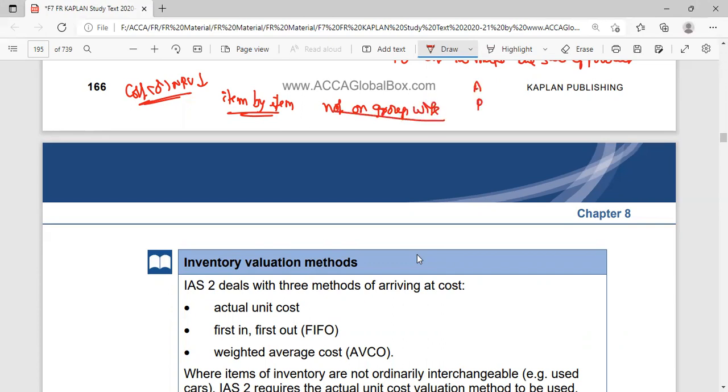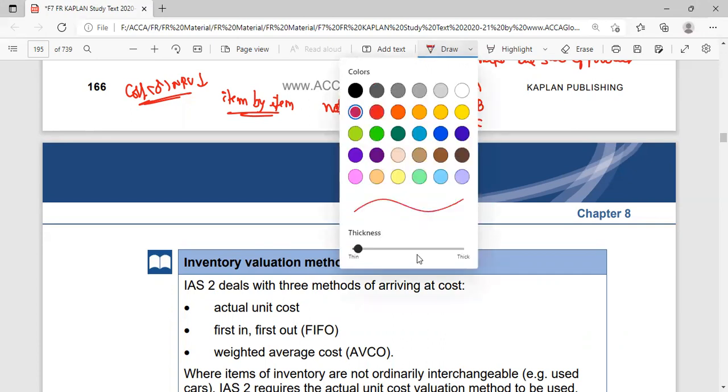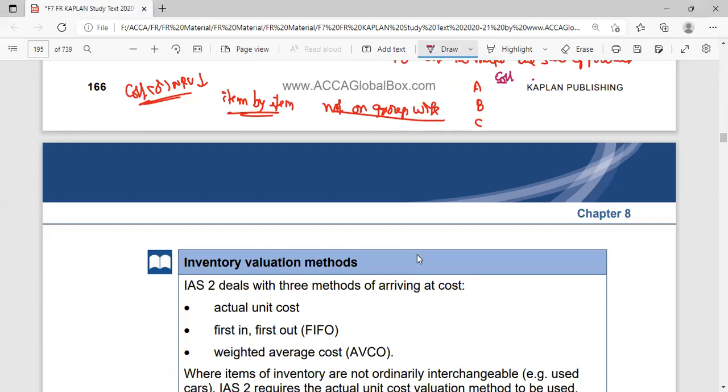So for example, A, B, C are there, and here the cost and NRV are there. For example, 180, 150 and 120 are there, and 200 and 380 are there.